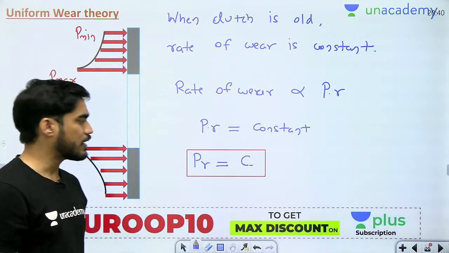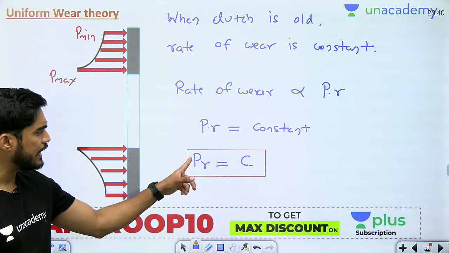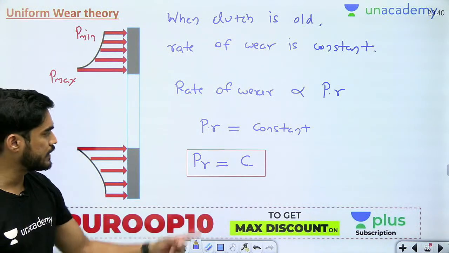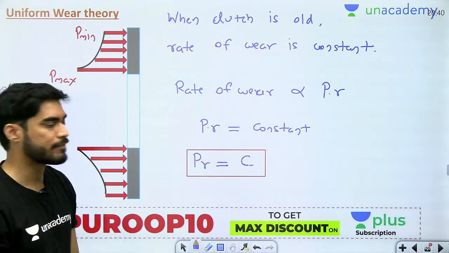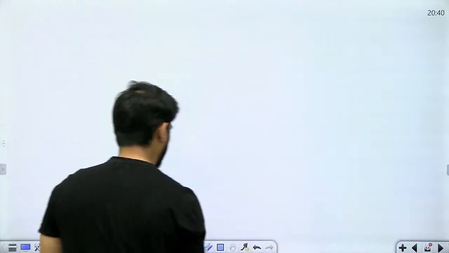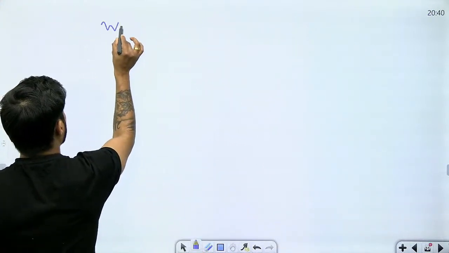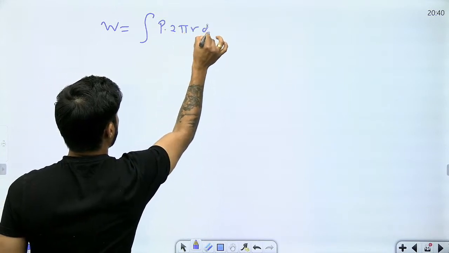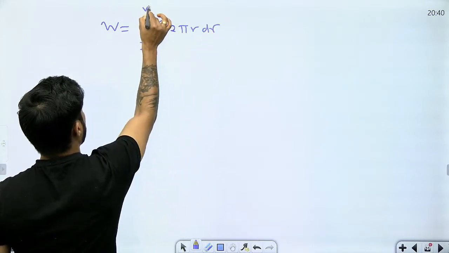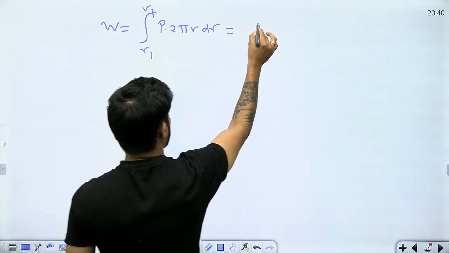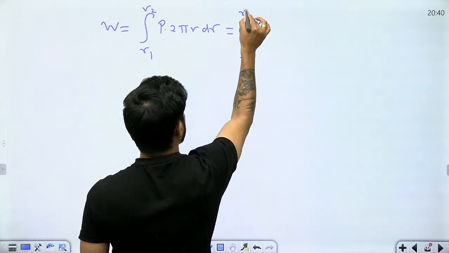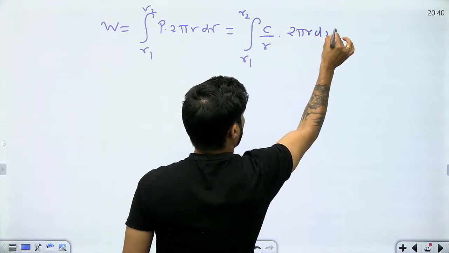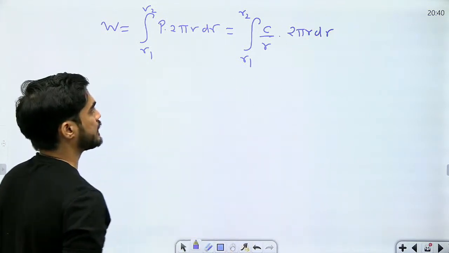Now I will put P equals C by R in the equation. What is the equation of W? W is the integration of P into 2 pi R dr from R1 to R2. Putting P equals C by R, the R and R cancel.